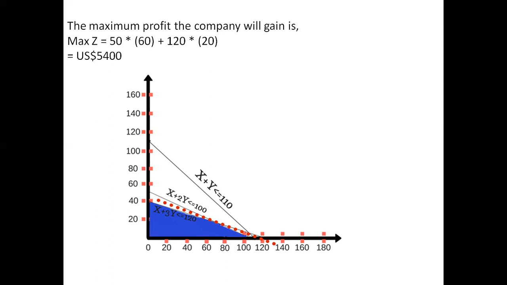In the case of x plus 3y, or the maximum unconstrained deviational value, x plus 2y having 100 is the maximum limitation of producing profit for the company, and by the equation x plus 3y we are having 120.